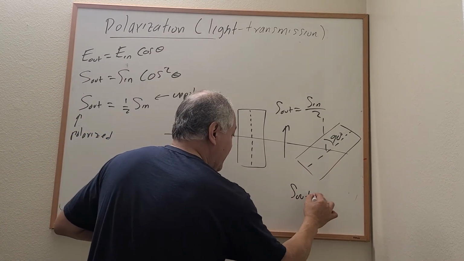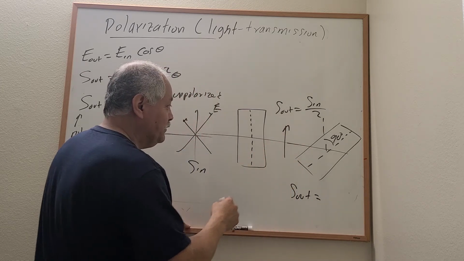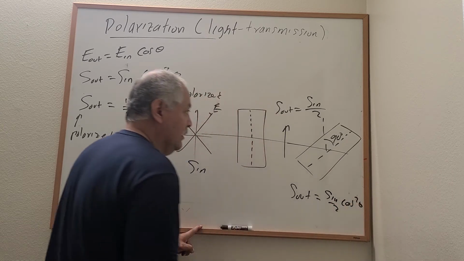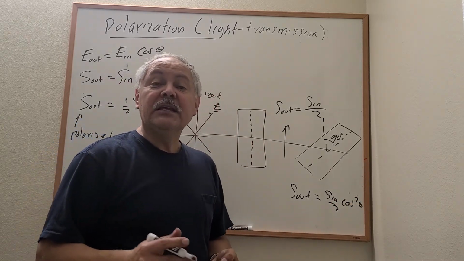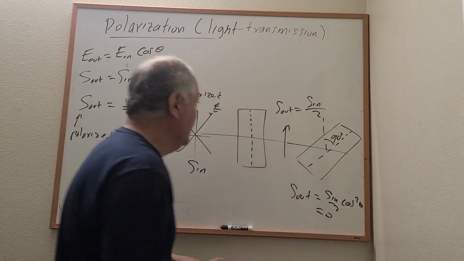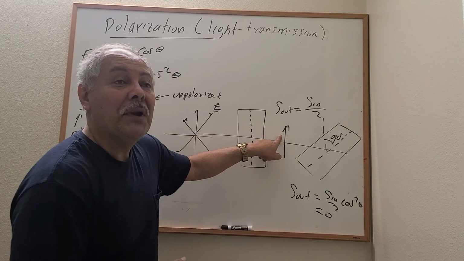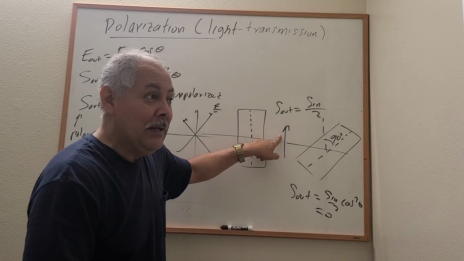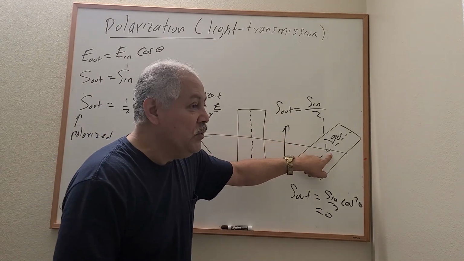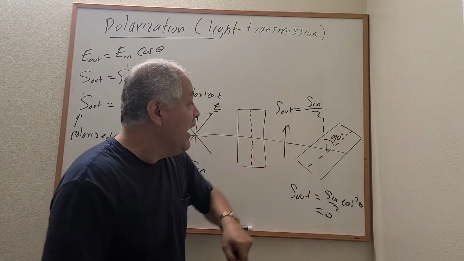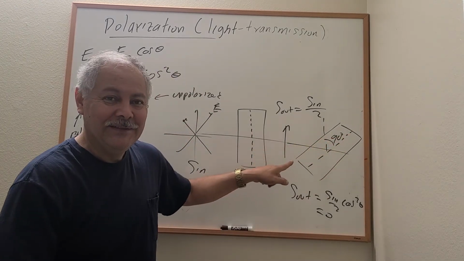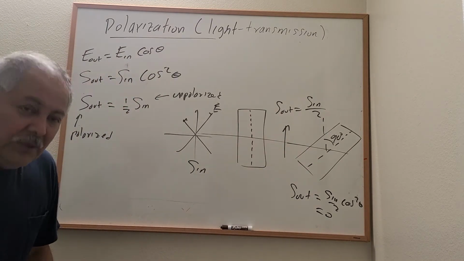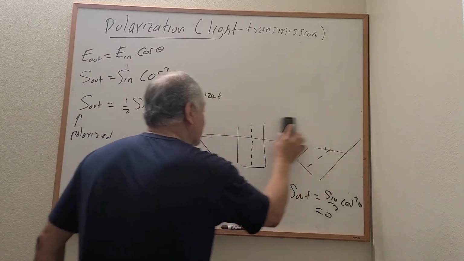We have the final intensity equal to the initial one, S divided by 2, times cosine squared theta. But the angle is 90, and cosine 90 is 0. So the intensity is going to be 0 again when the polarized axis of the electric field is at 90 degrees with respect to the axis of the analyzer, like in this picture. Got it? Okay, now let's do another example, a general one.